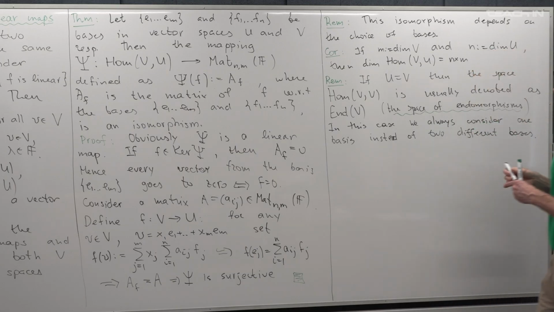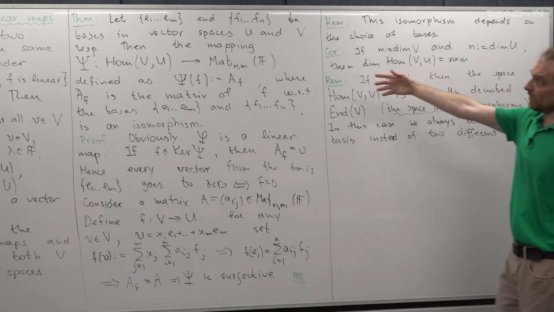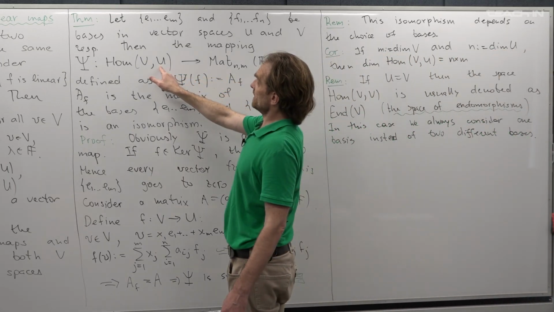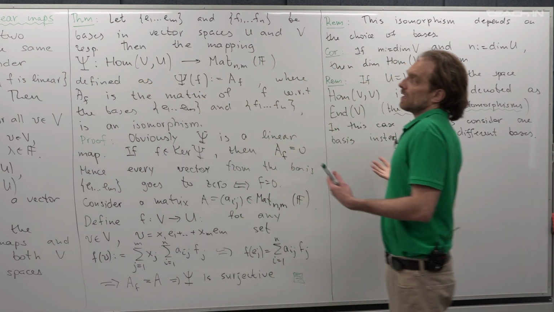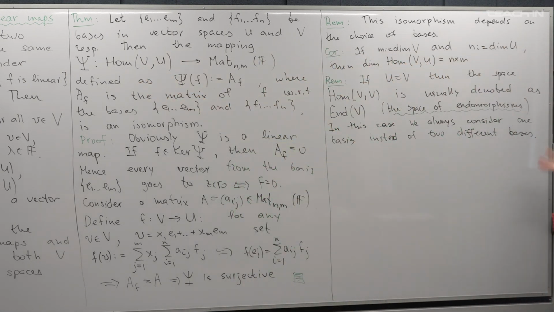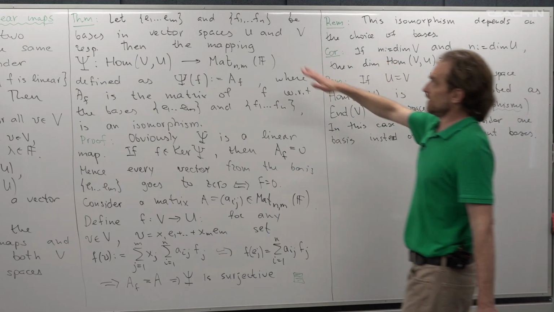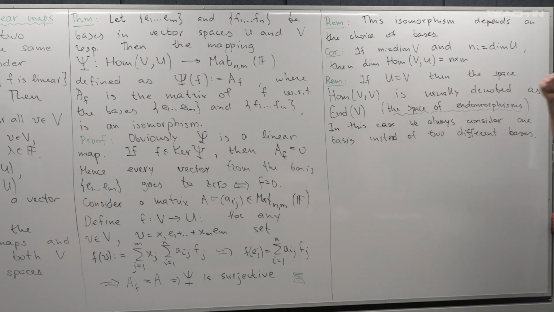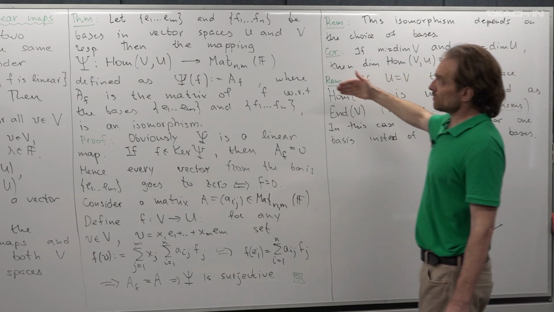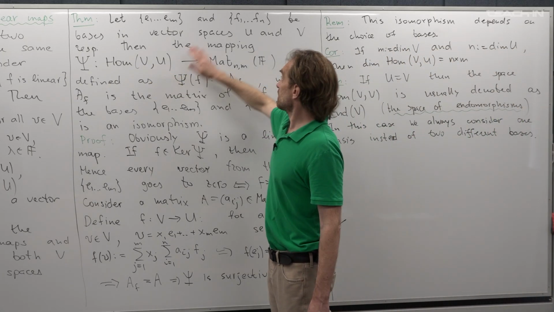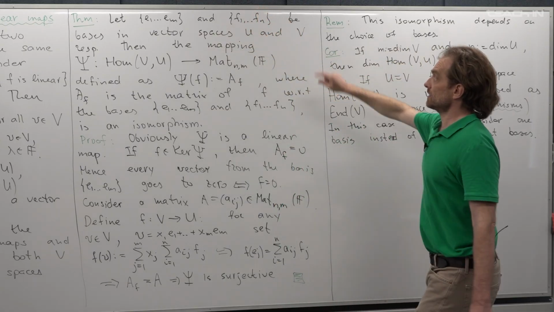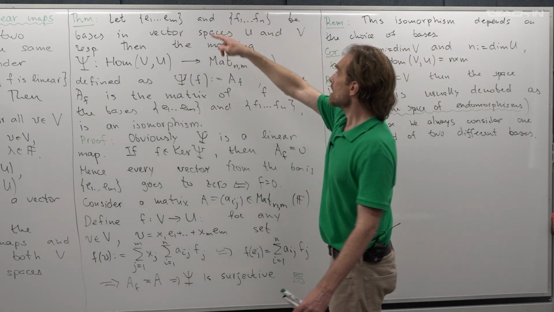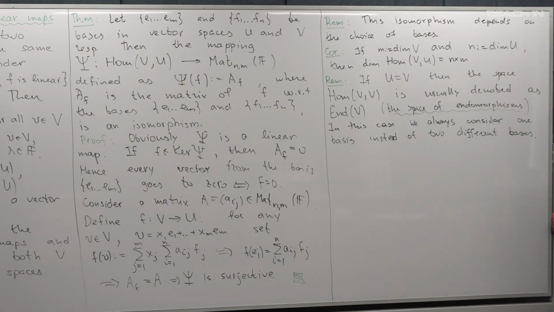What does this mean? If the second vector space is the same as the first one, then initially we can take two different bases in the same space, but when we restrict ourselves to this particular situation, when the second space is the same as the first one, we always choose the second basis, the basis f1, etc., fm, the same as the first one.